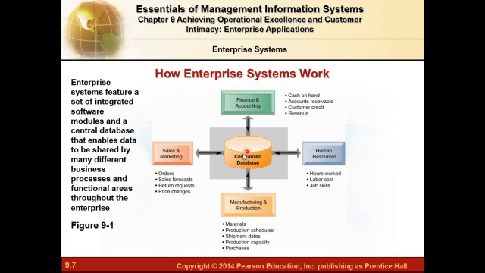The database collects data from many different divisions and departments in a firm and from a large number of key business processes in manufacturing and production, finance and accounting, sales and marketing, and human resources, making the data available for applications that support nearly all of an organization's internal business activities.